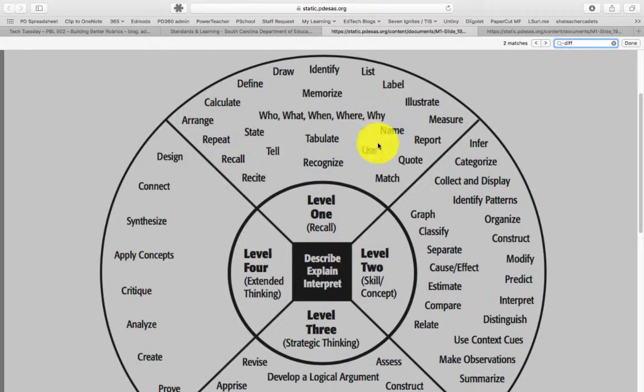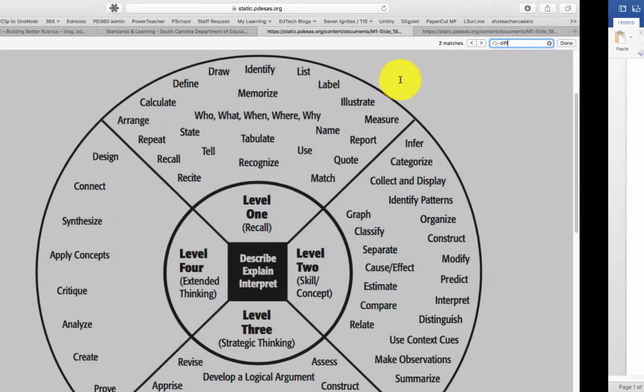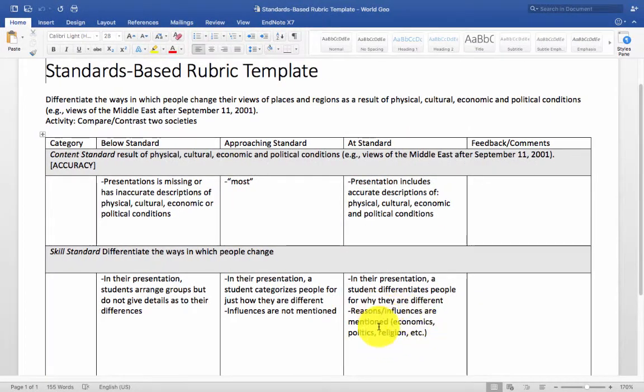We could also have used other things such as report or name or label how groups or what the different groups are. But again, we don't get to those reasons or influences as to why they are different. So we wrote that below standard out, and then we filled in the gap in between those two.